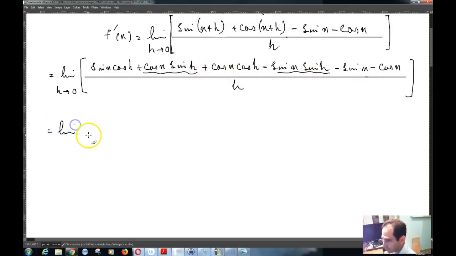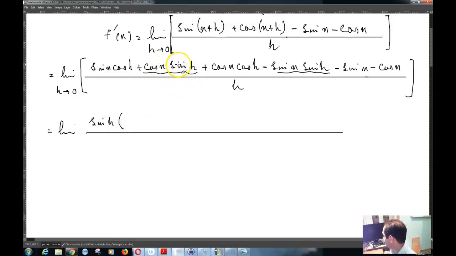The limit of basically sin h times basically cos x minus sin x. So these two are taken care of. Then you have sin x over here and over here.